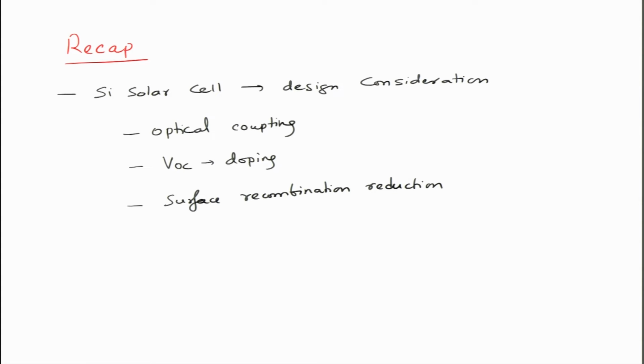We have a few more things to talk about these silicon solar cells before we go to polycrystalline silicon solar cells. So, the next thing in improving the performance of a solar cell is to reduce the parasitic resistance losses. And first we will talk about series resistance.